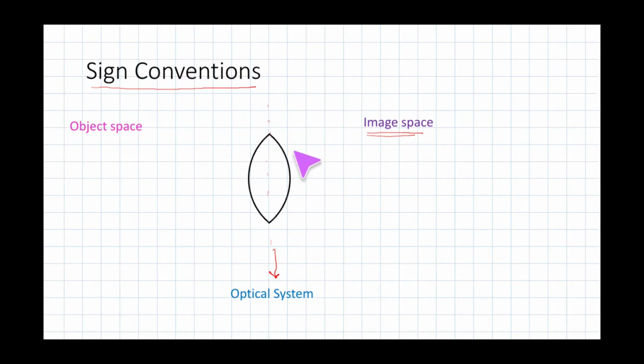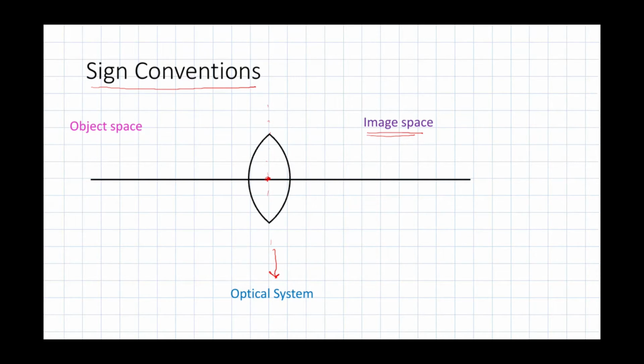Now whenever we measure the distance of an object or image, we should understand some sign conventions. According to this, here it is an optical axis, which is passing through this optical center.